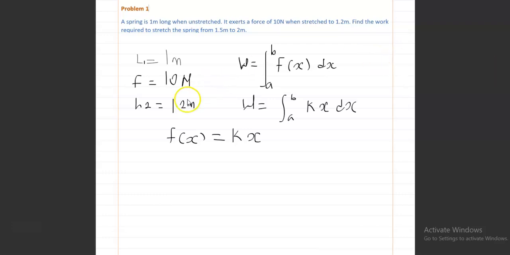We have our force. Do we have our x? Yes, we do, because our x here is equal to L2 minus L1. X here is the extension. So that's 1.2 minus 1 meter, giving us 0.2 meter.